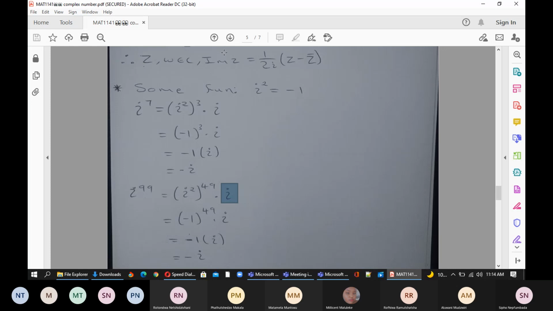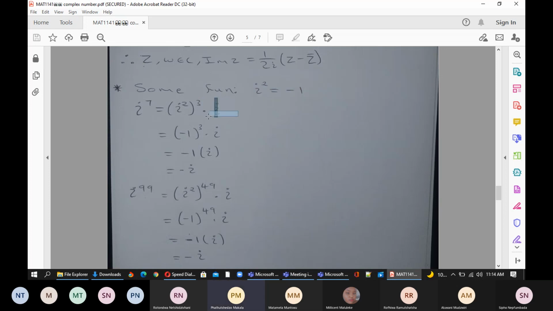So we know that we are guided by this guy here, which is i squared is equal to -1. So we have to represent those things using this. We must always have this guy here outside, which is 1.